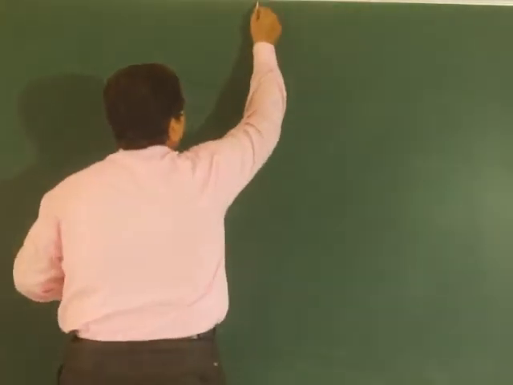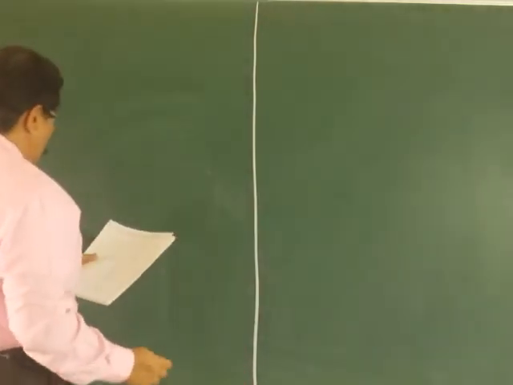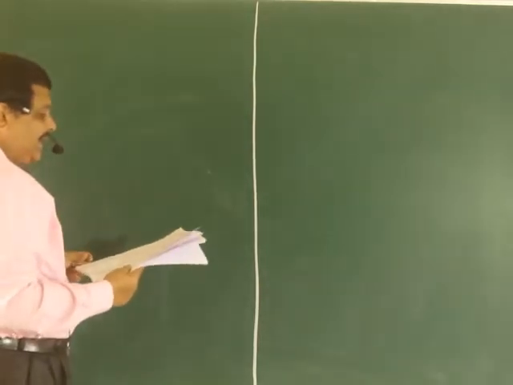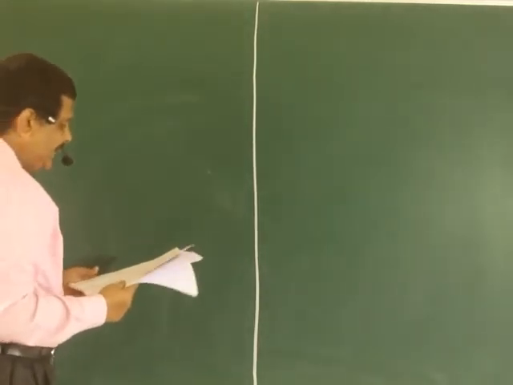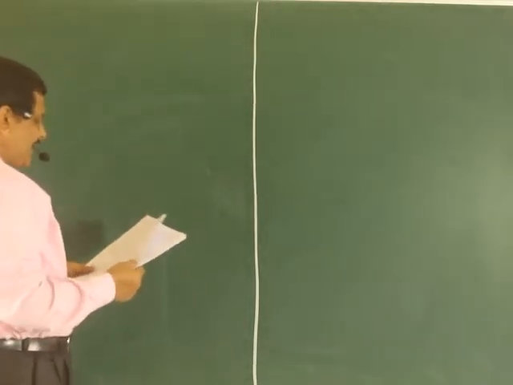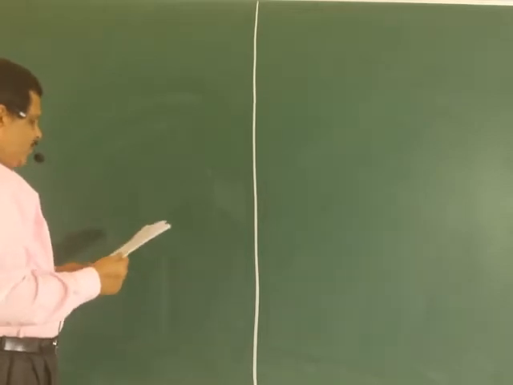So, first question, match the different types of plants given in column first and their examples given in column second and choose the correct combination of alphabets of the two columns.